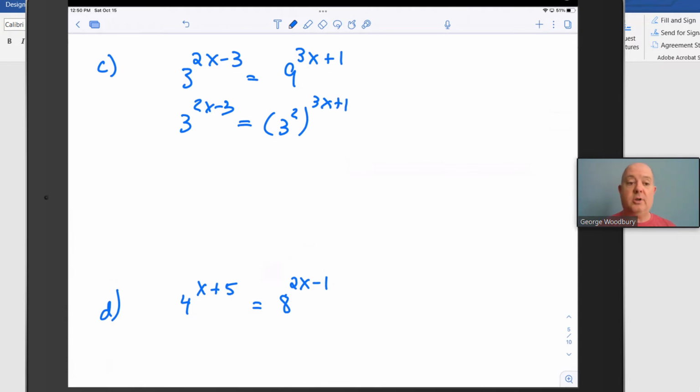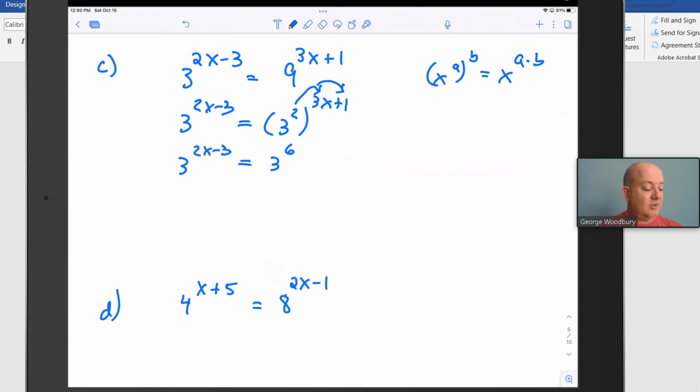Now, a property of exponents: if you're raising x to the a power to the b power, we can simply multiply those exponents. So here, I can multiply the 2 by 3x plus 1. So we get 3 to the 2x minus 3 power equals 3 to the 6x plus 2 power.